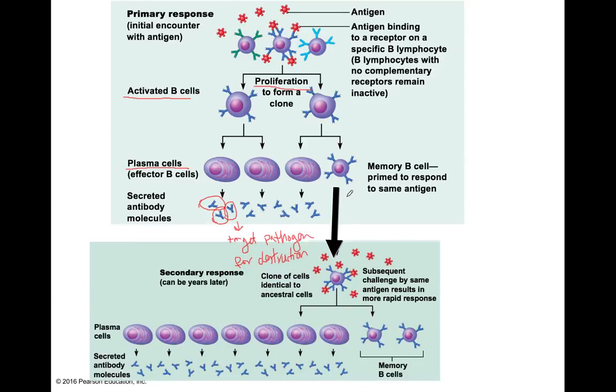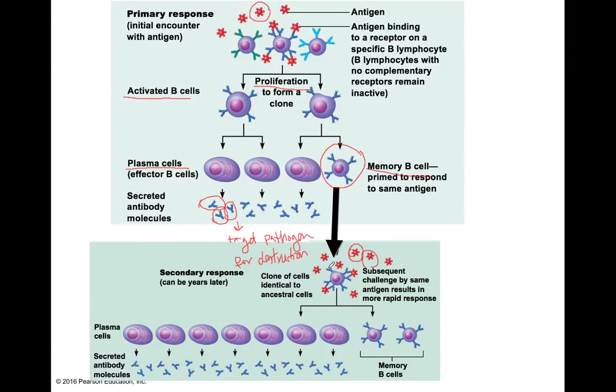On the other hand, you also get the second category of cells called the memory B cells, which you see continue to go down, and these are the cells that basically remain in the system. They circulate in your body until they interact with the same pathogen as the original one you saw here.